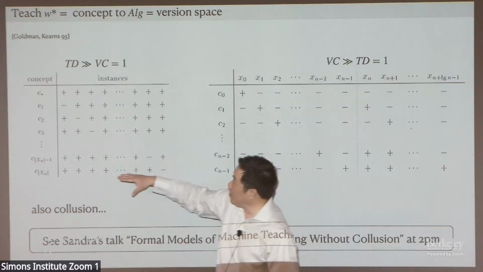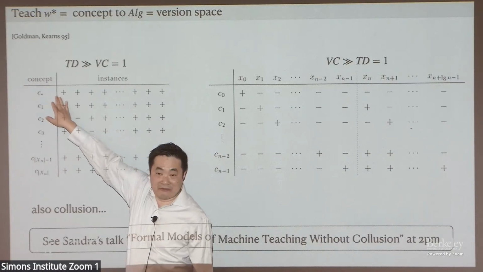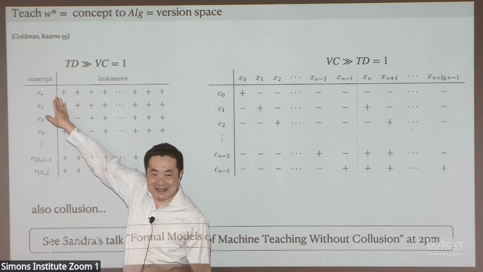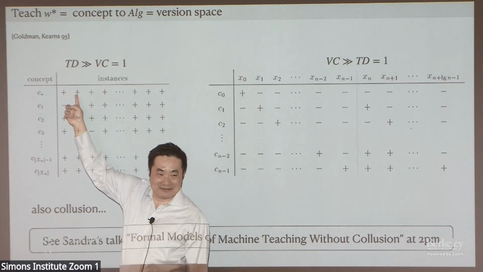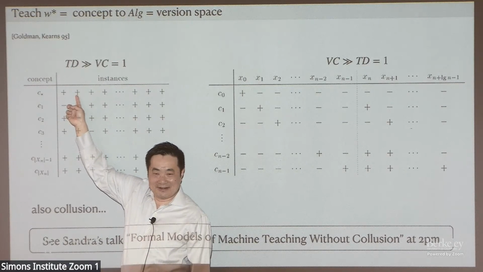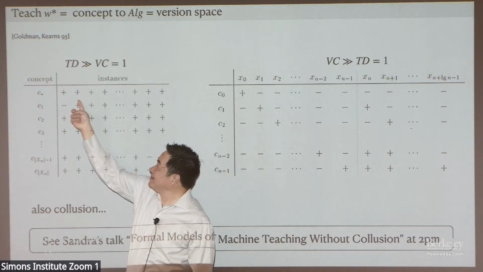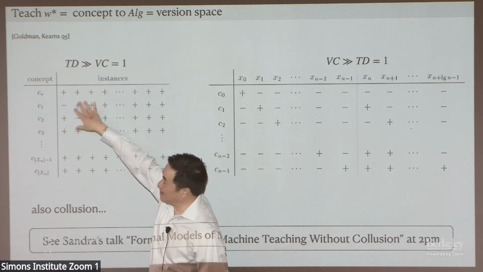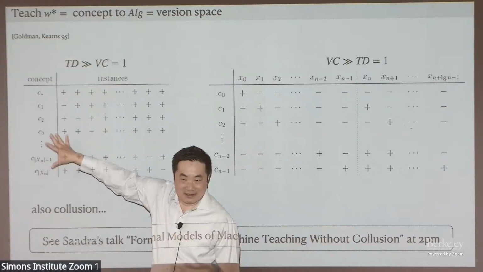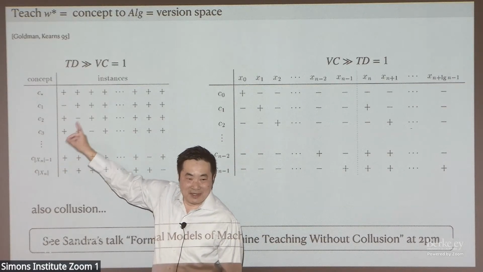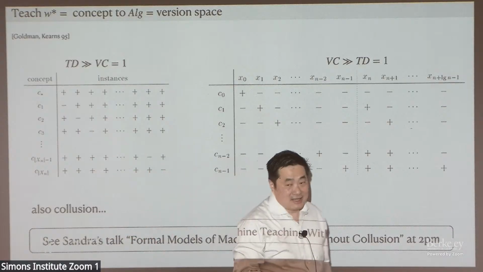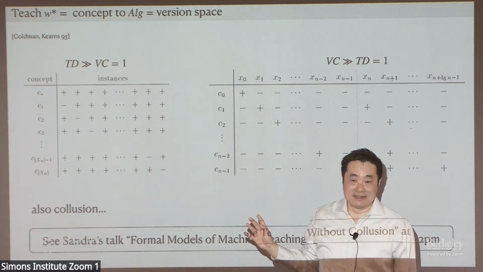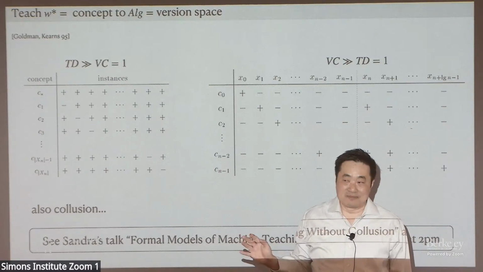This is true for all these except the very first one. Now you think about it, because the teacher cannot lie, it can only say, this item, its label is positive. That would be one teaching example. Now the trouble is that leaves a whole bunch of possibilities. The version space is quite large. In order to actually specify the first concept, the teacher has to use all instances and say each one of them is positive.